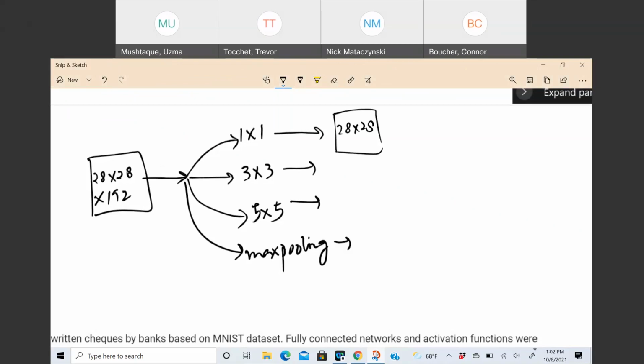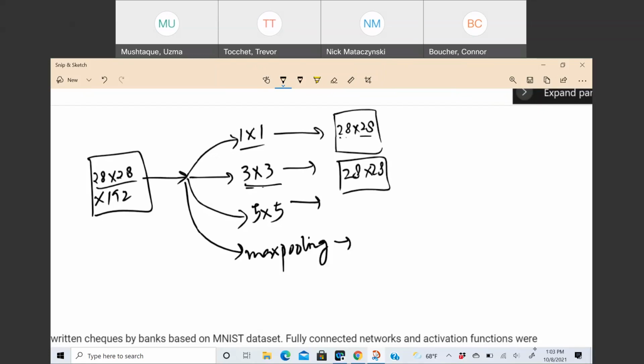Regardless, you'll get some output here, right? What you're trying to do is at least maintain the first two dimensions, the way you're doing this filtering. Obviously, you can stack them by manipulating the number of filters you're using.